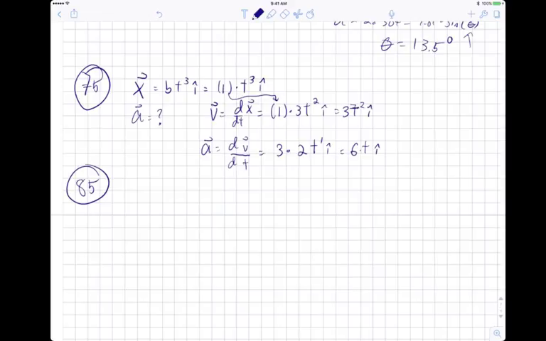So we want to know what this distance is, right? So we can essentially use the same equation. 2a delta x is equal to v final squared minus v initial squared.